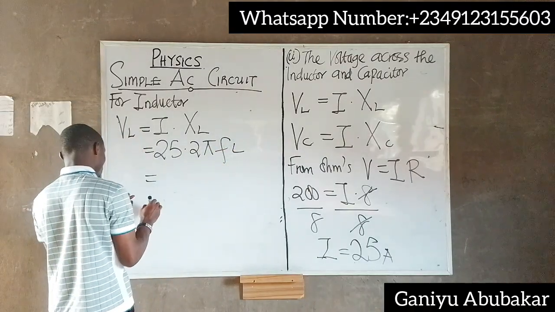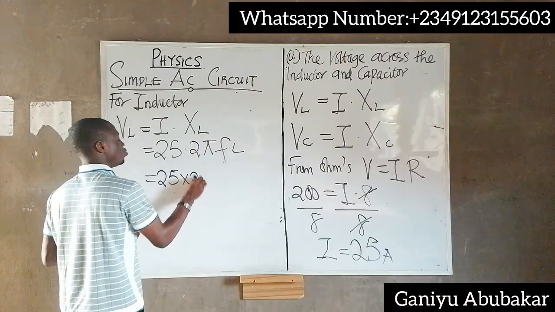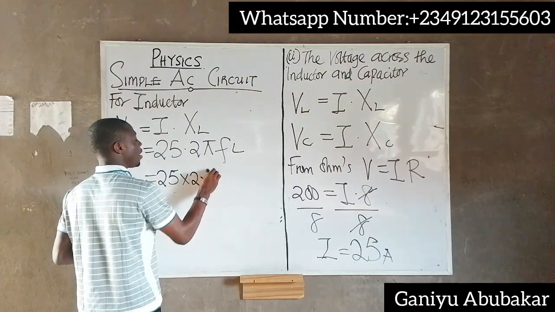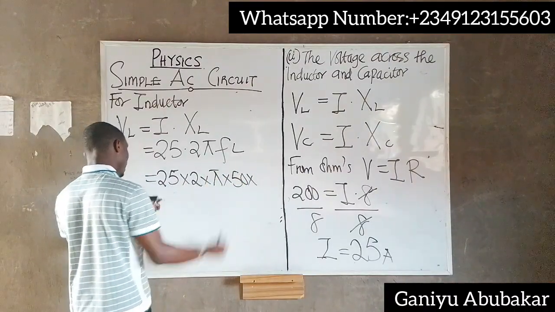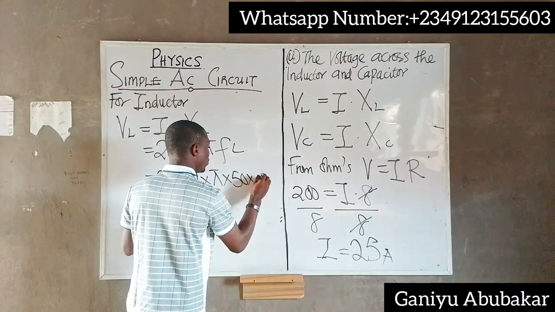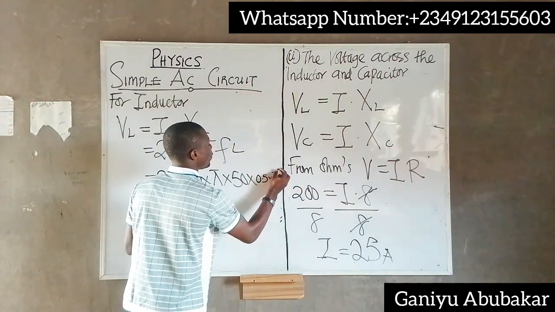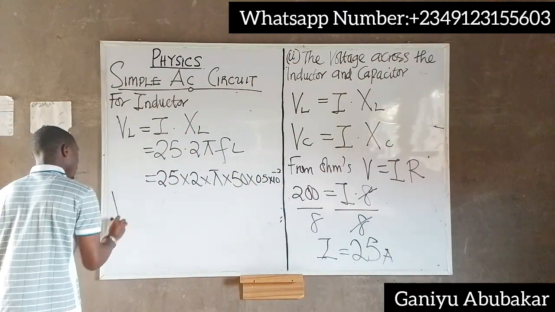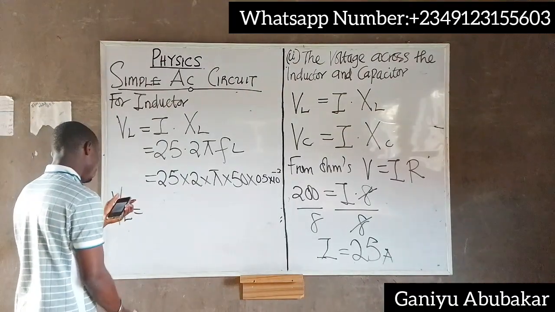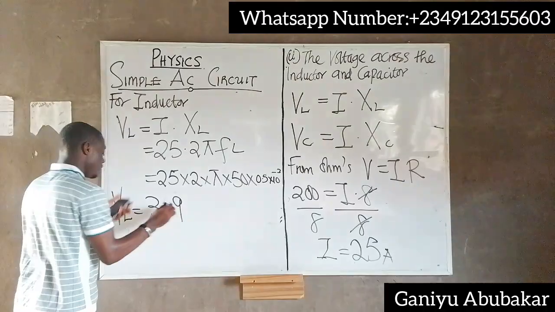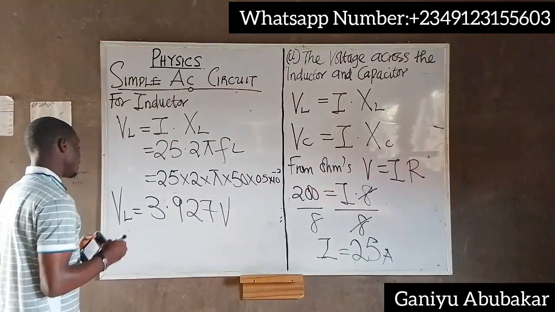This is now equal to 25 times 2 times pi times frequency, which is 50, times the L there, the inductance there, which is 0.5 times 10 to the power of minus 3. The VL here, voltage across inductor, gives you 3.927 volts. That's your answer to this.